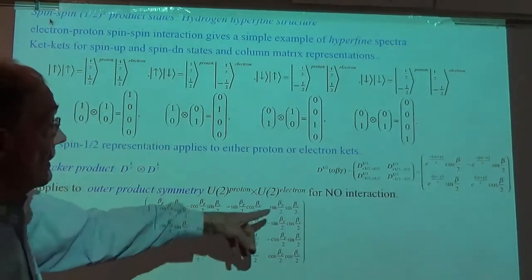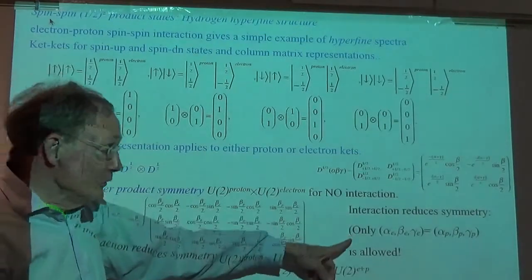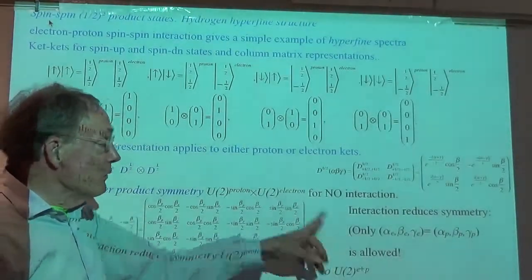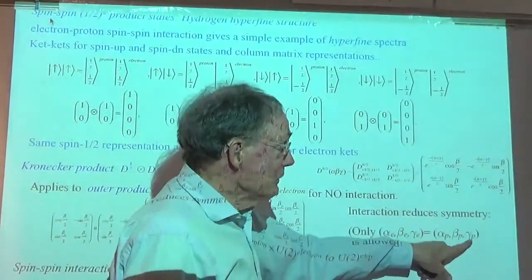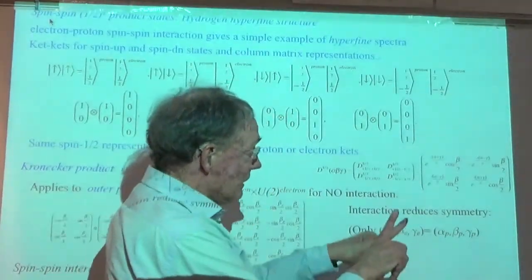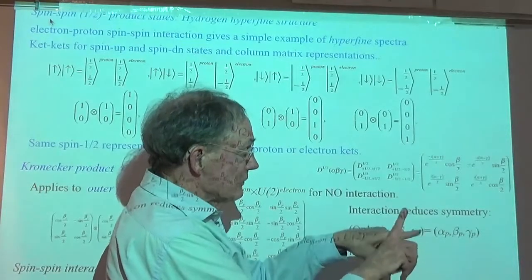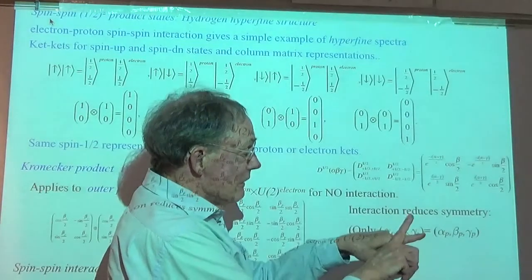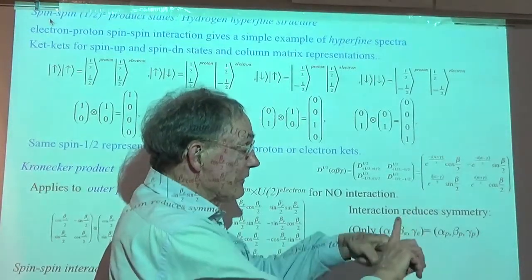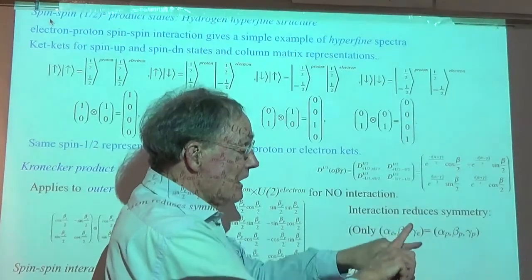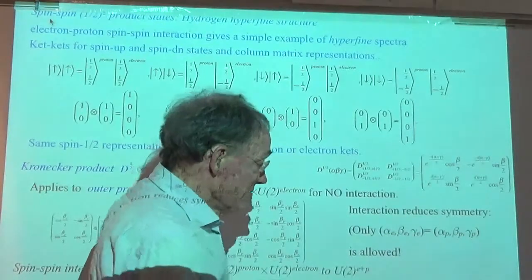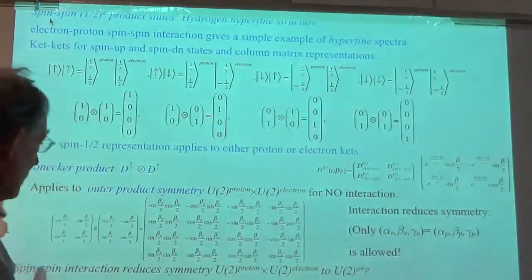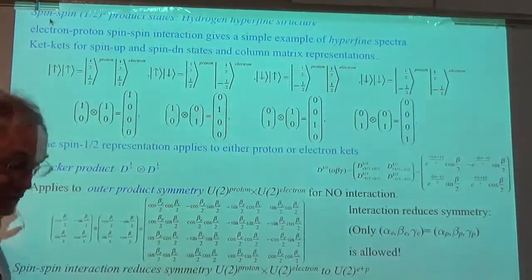So the interaction reduces the symmetry to only elements where the electron rotation is the same as the proton. So if the proton and electron are like this, that's still a symmetry. That's not. That's not. That's not. Only that. Okay? So I'm going to reduce this by making those angles all equal.